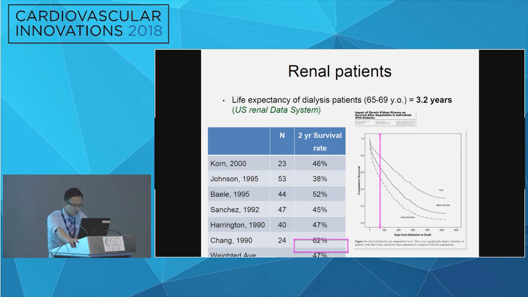The x-axis is days, and the y-axis is the survival. If you draw the line at the 2-year mark, we actually went to a whole bunch of dialysis centers and followed those patients for years, and the survival is about 65% or so.